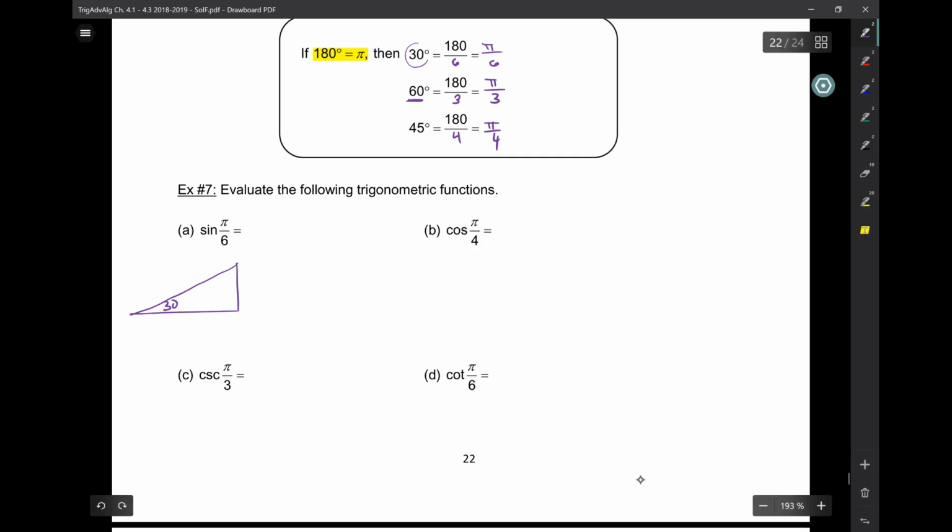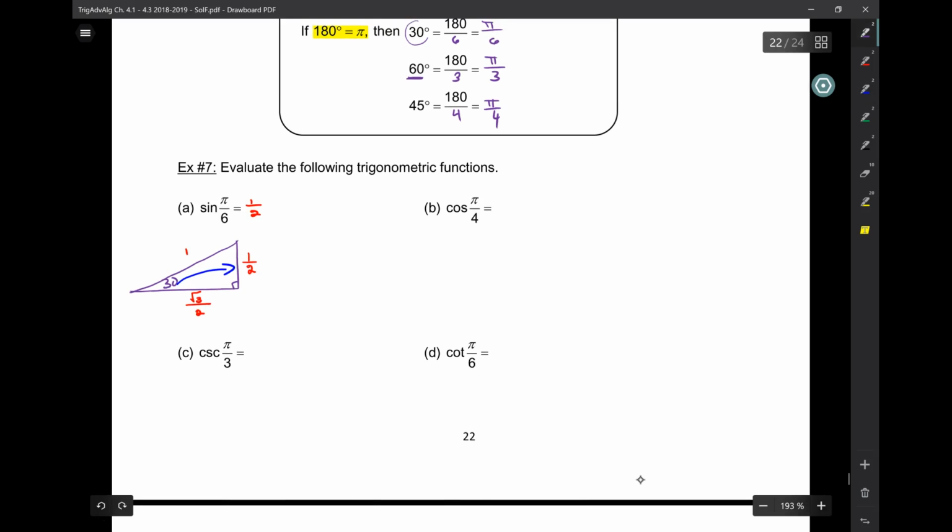If it's the 30, then with my rescaled triangle, this is a 1, this is a 1/2, and this is a root 3 over 2. So it's just 1/2, because sine was always the opposite over the hypotenuse, and now it's just 1/2.